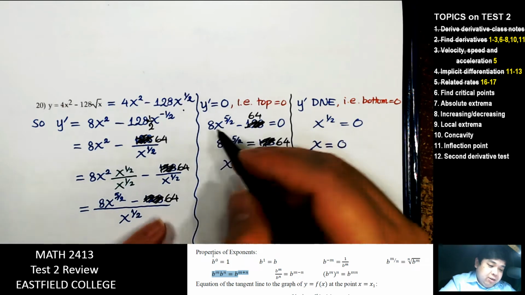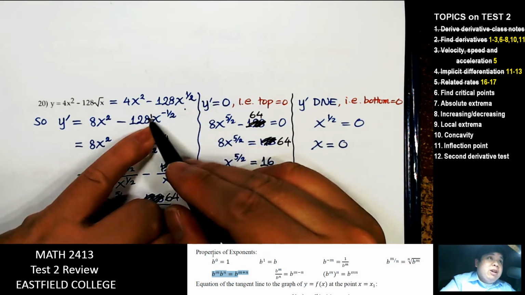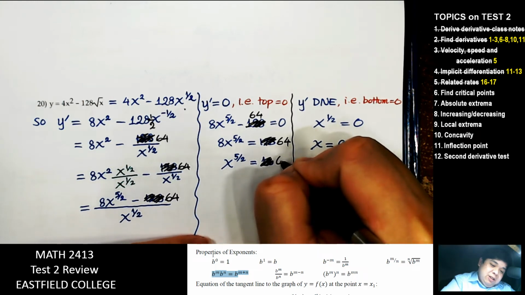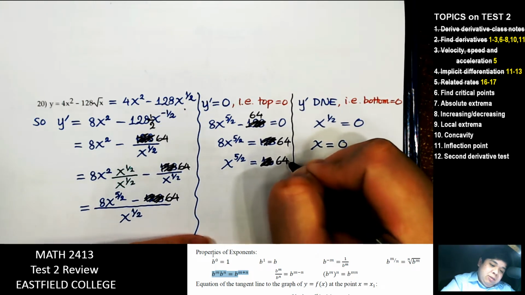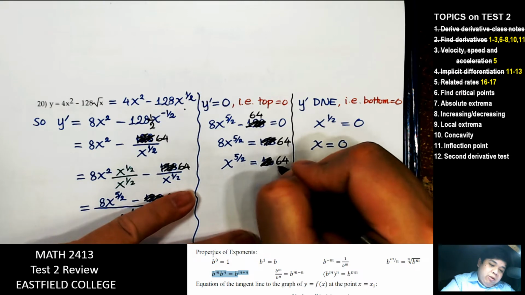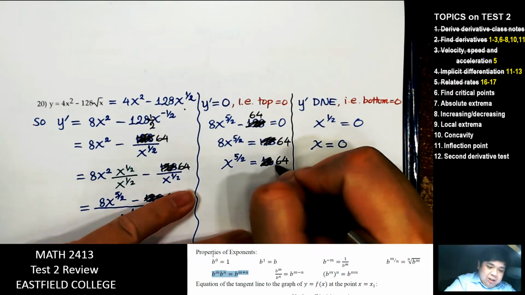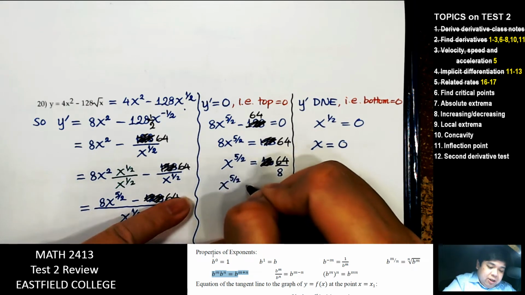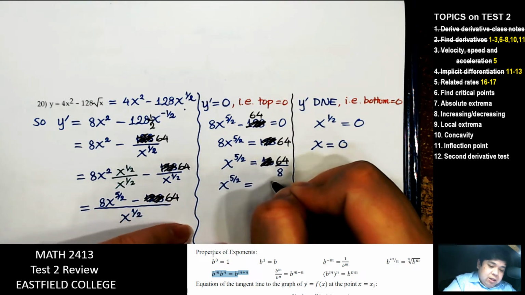Sorry. Again, take the derivative of that, which should have the 1/2. And that is 64 divided by 8. So x to the 5/2 is equal to 8.